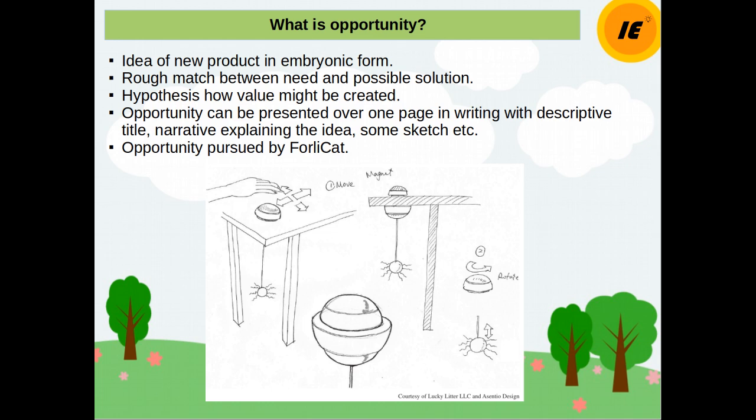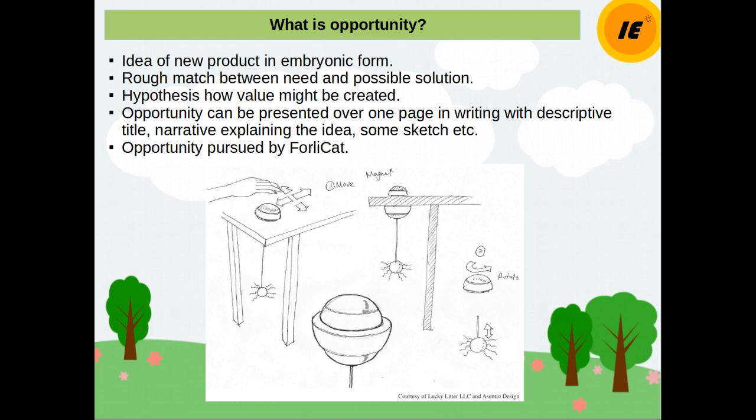Here you can see the next product that Forlico Cat launched, not based on the laser but on a magnet, and in the diagram you can see how it works.